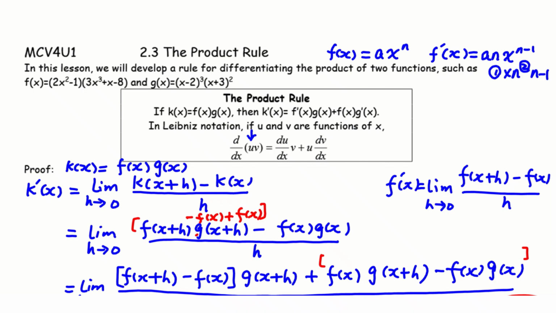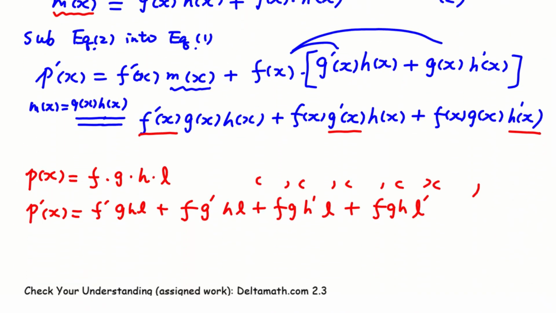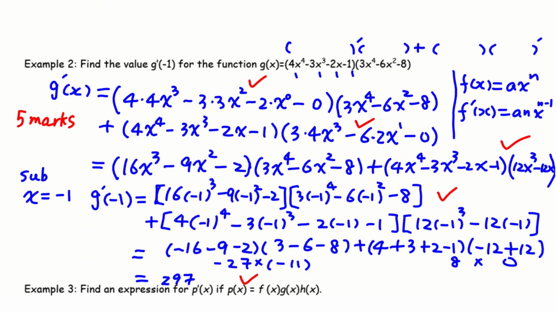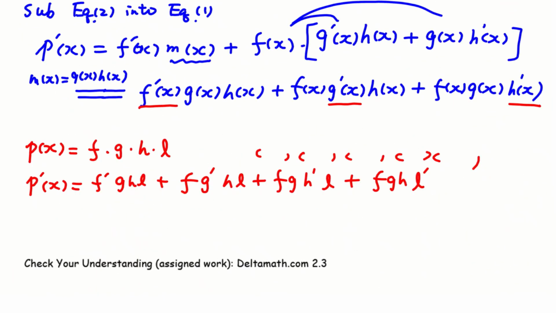And the homework to check your understanding will be on Delta Math 2.3. So continue to work on Delta Math. Each question has an example and video help, and you also have unlimited tries. I just assigned 1 question for each type of question, but you could continue.